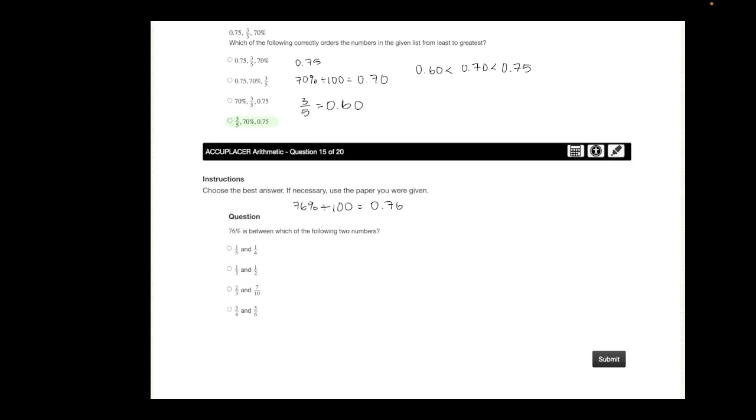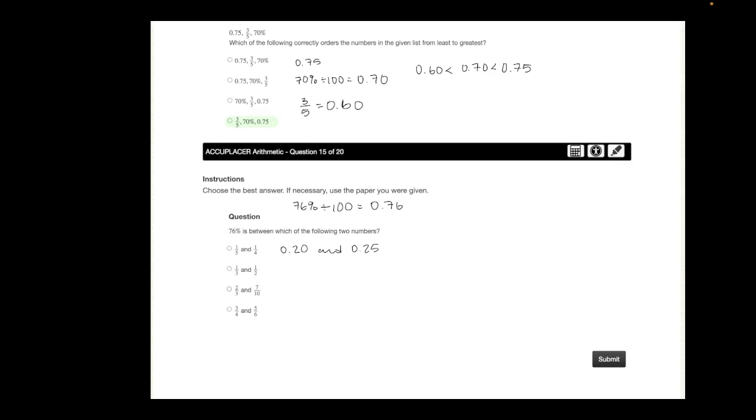So if we do 1 divided by 5, we get 0.2. And if we do 1 divided by 4, we get 0.25. And another way of looking at it, think of it as doing 100 divided by 5. That's going to give you 20, because 5 times 20 gives you 100.